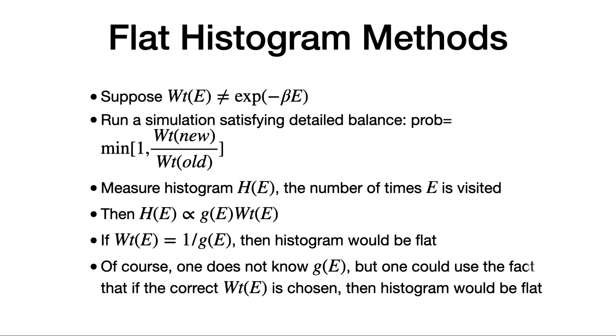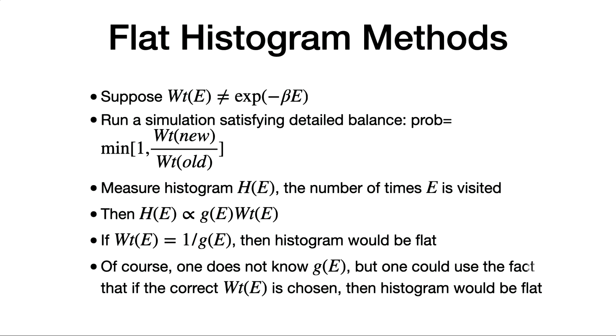We will use this aspect to figure out the correct G of E. So the idea is that I run a simulation with some random weight W of E, then I measure the histogram. If my histogram is flat, then I have chosen the correct G of E.